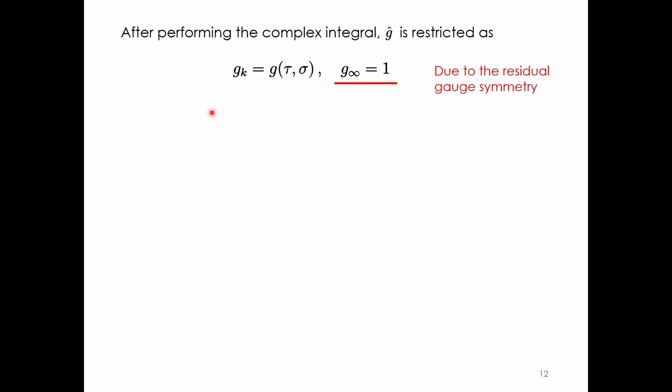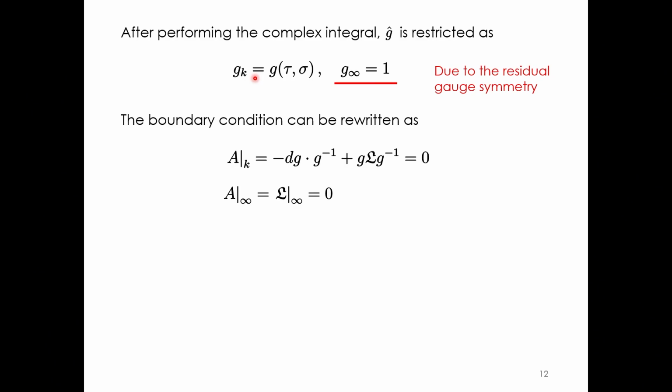I have not explained the residual gauge symmetries, but by using them, one of the group elements can be set to 1. So at z = infinity, the group element is set to 1, and this is ignored. Then the group element at z = K is described like this.